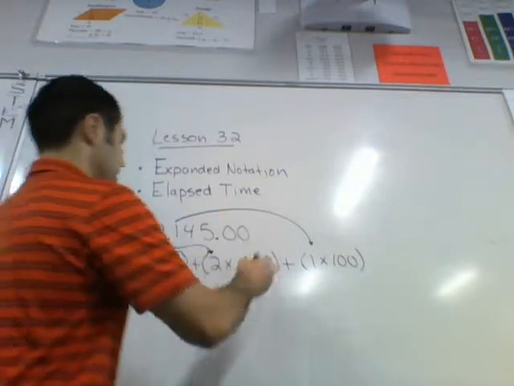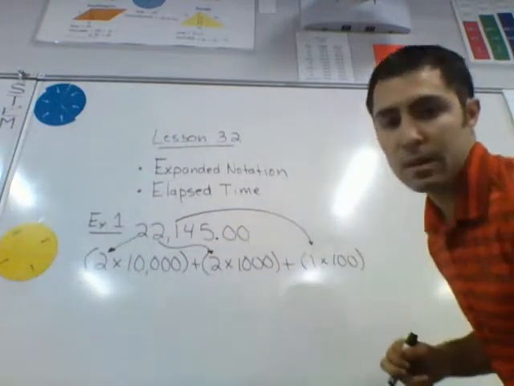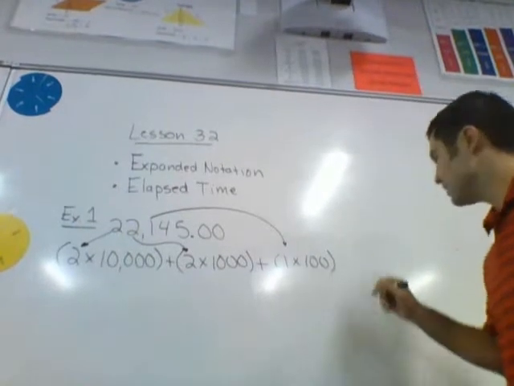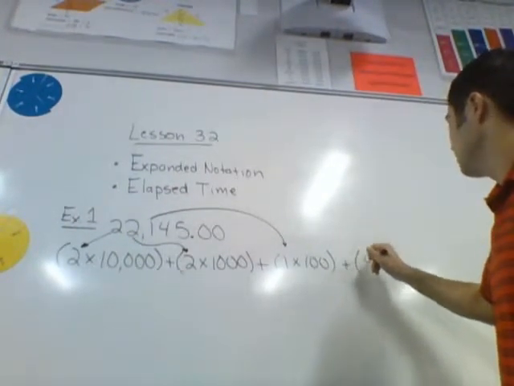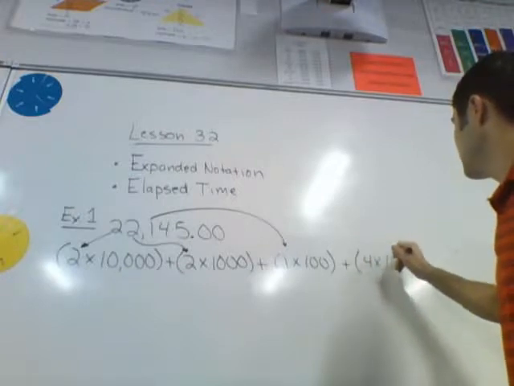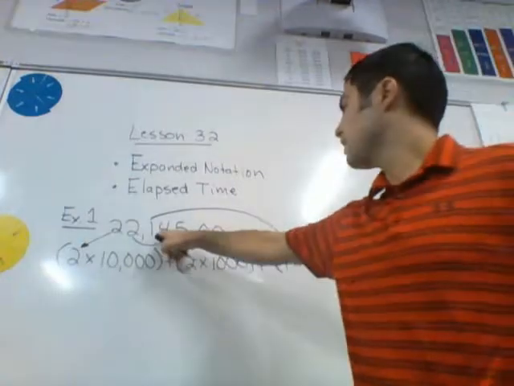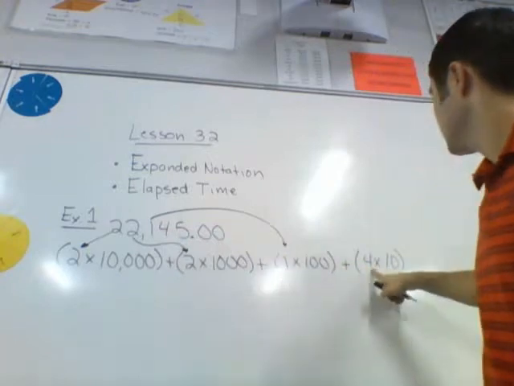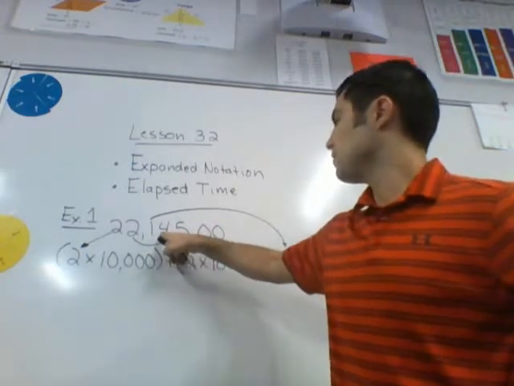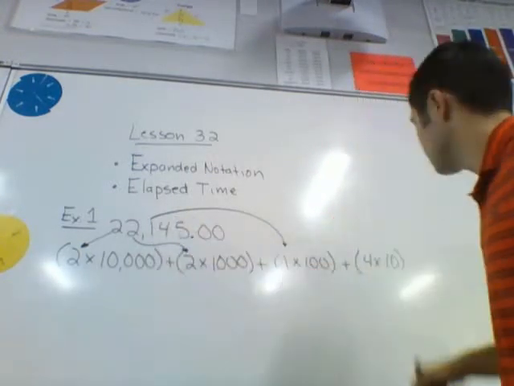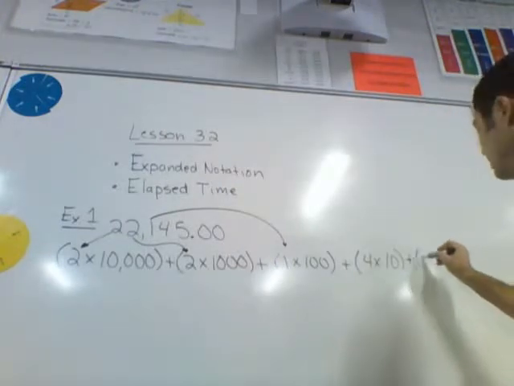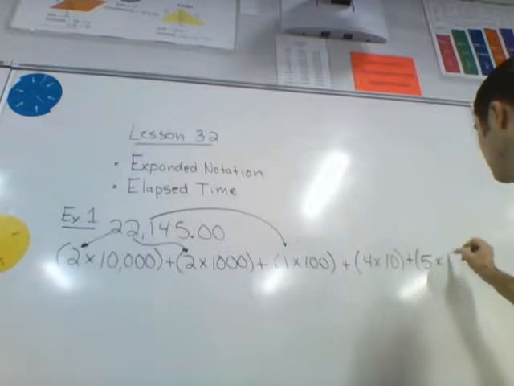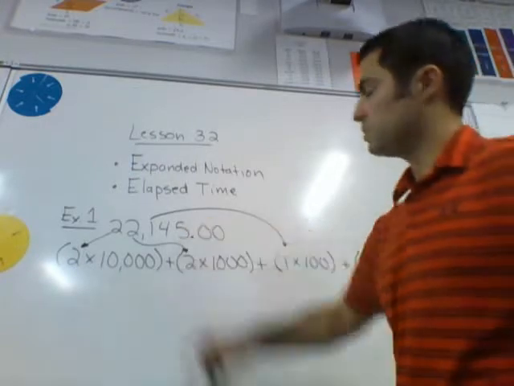Okay? The 4 is in the 10 spot. Hopefully I don't run out of room here. So I'm going to add that. 4 times 10, because I got the 4 from there. And the 10 I got from the fact that the 4 is in the 10 spot. And the last one is 5, and I'm going to multiply that by 1, because it's in the 1 spot.